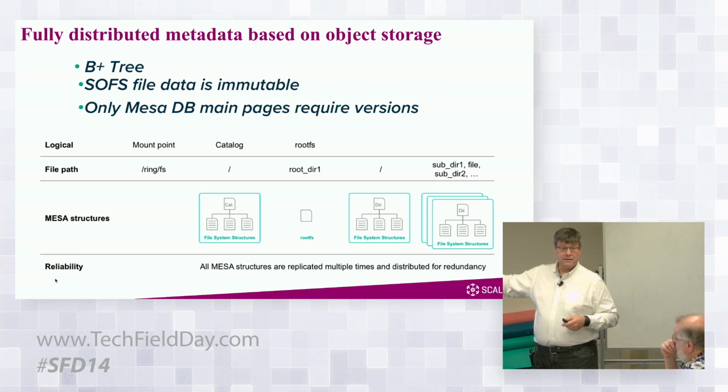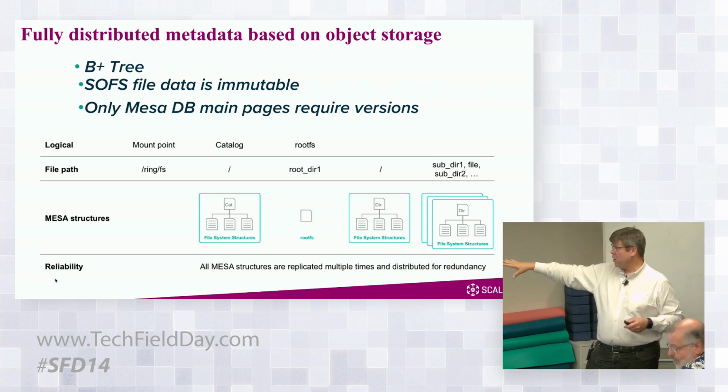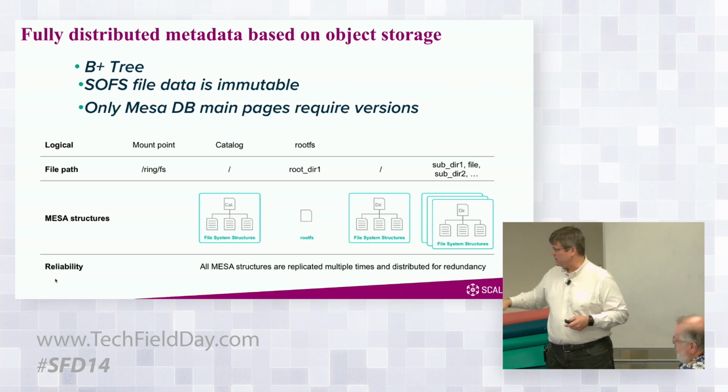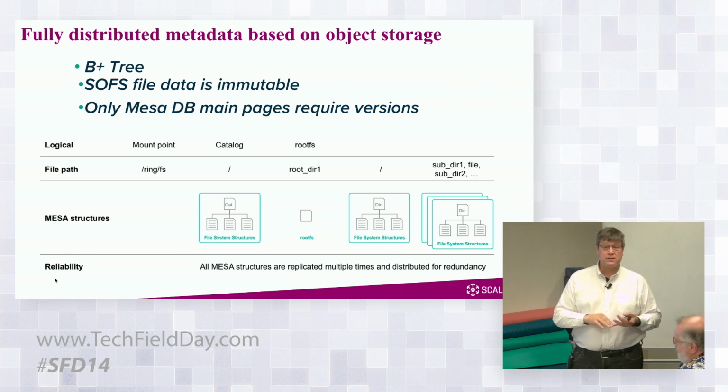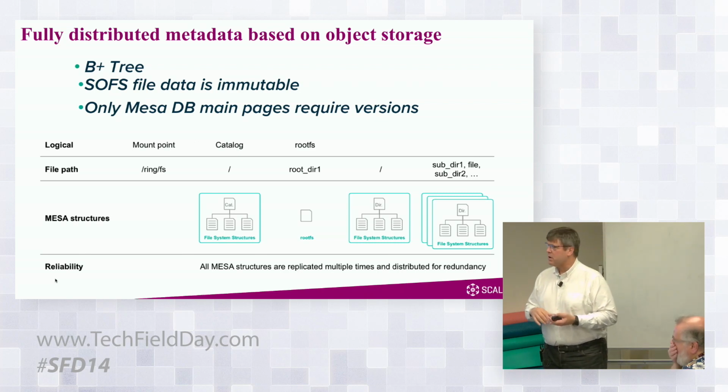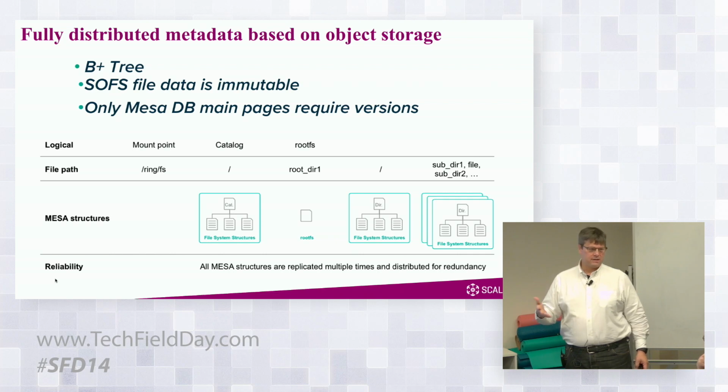The file data becomes basically immutable, and only Mesa database main pages are modified. So you have a B+ tree that manages directories, and then we use basically a sparse file model to do file creation so that we can modify large files without having to overwrite a large file.